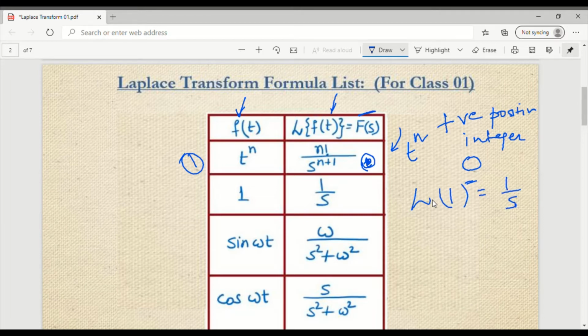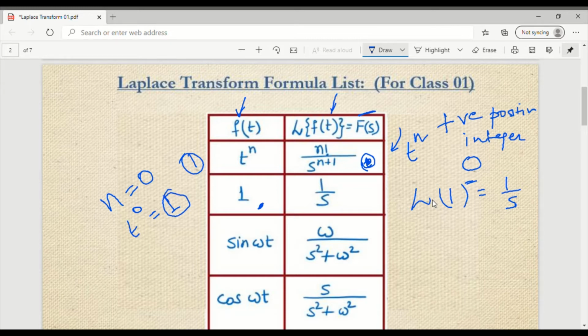The third is sin(omega t), the fourth is cos(omega t). In this first column, everywhere you see t, and I said that we are transforming a function in t into the s domain. What about this second row? Here you can see that this one is 1. Where is my t? If you look at your first formula, t^n, and you put n as 0, t to the power 0 is 1. Anything to the power 0 gives you 1.